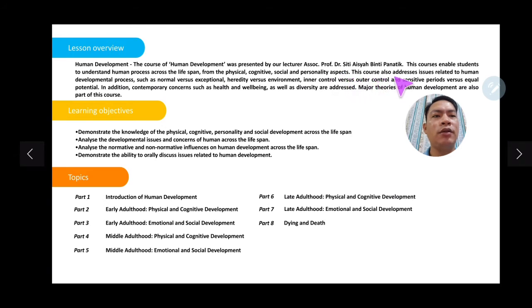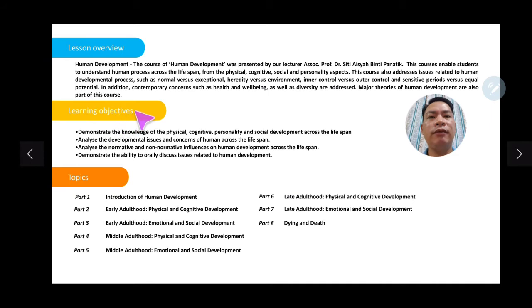This course also addresses issues related to the human developmental process, such as normal versus exceptional, heredity versus environment, inner control versus outer control, and sensitive periods versus equal potential. In addition, contemporary concerns such as health and well-being, as well as diversity, are addressed. Major theories of human development are also part of this course.